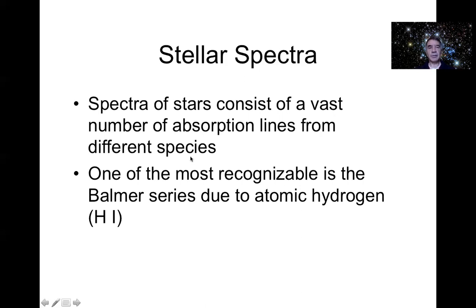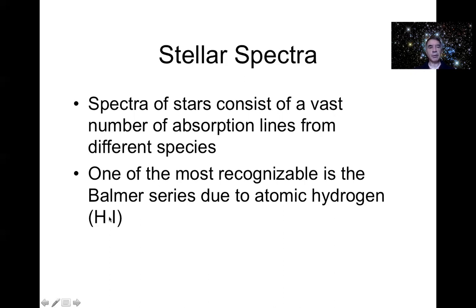And we're going to discuss a particular series of lines due to atomic hydrogen, which are in the optical part of the spectrum. Now, historically, astronomy started out in the optical, and of course most stars emit most of their radiation in the optical, so it's an obvious place to do that as well.